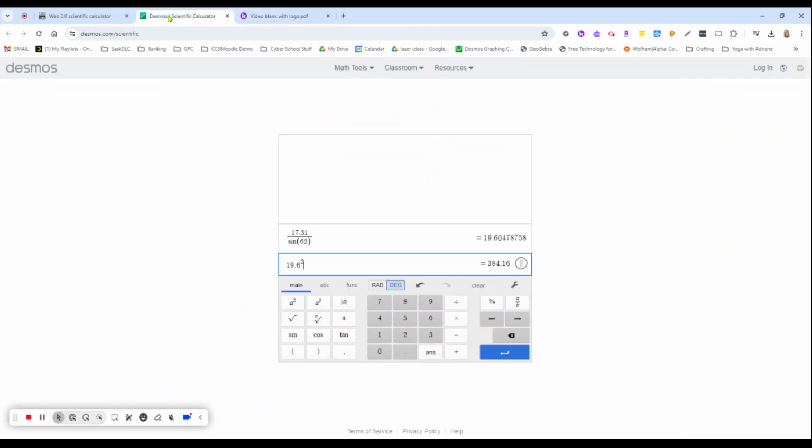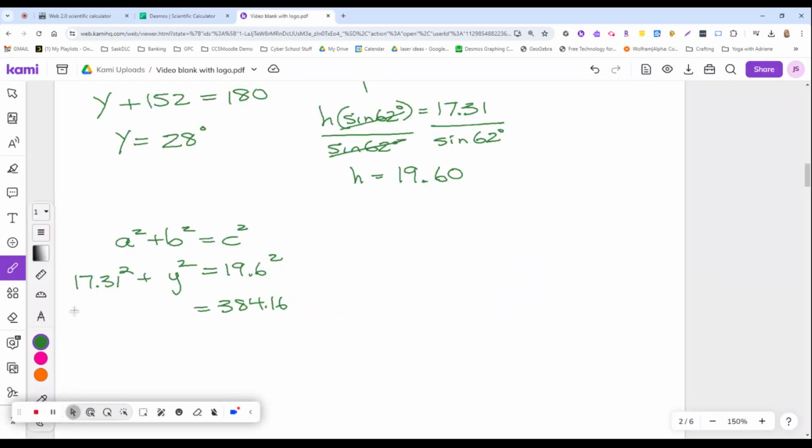And I could find the 17.31 squared. Oops. That's a mess. 17.31 squared, which is 299.6361. I could do my subtraction.